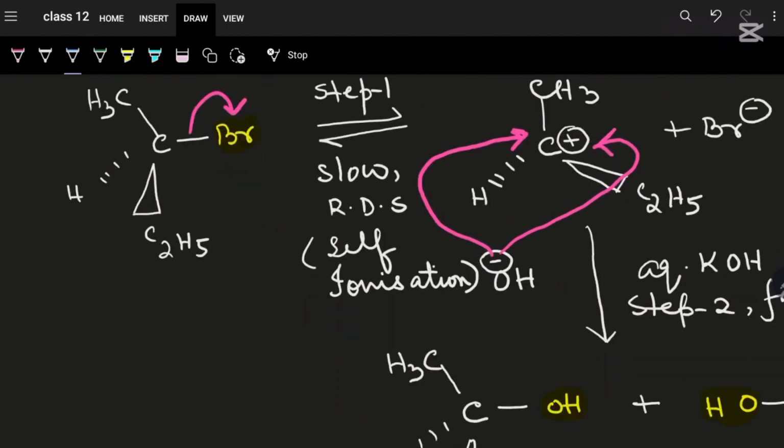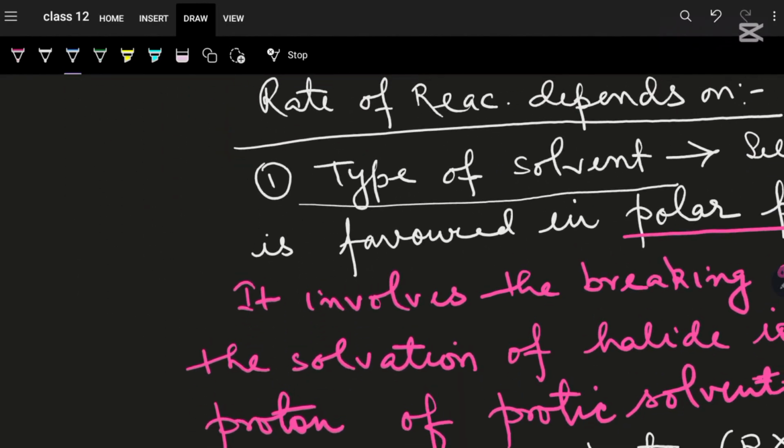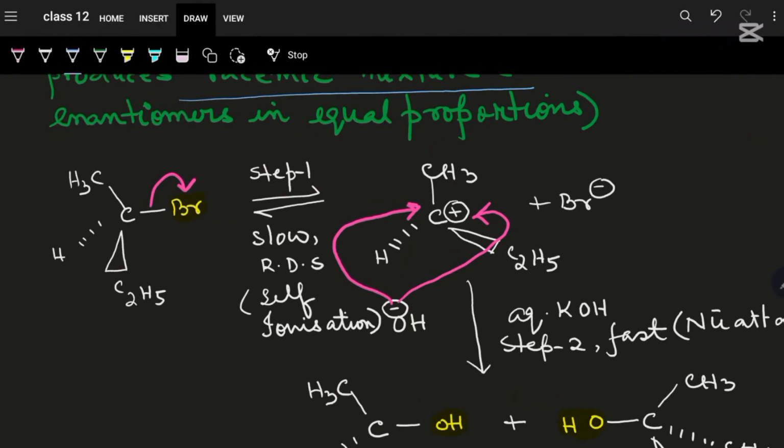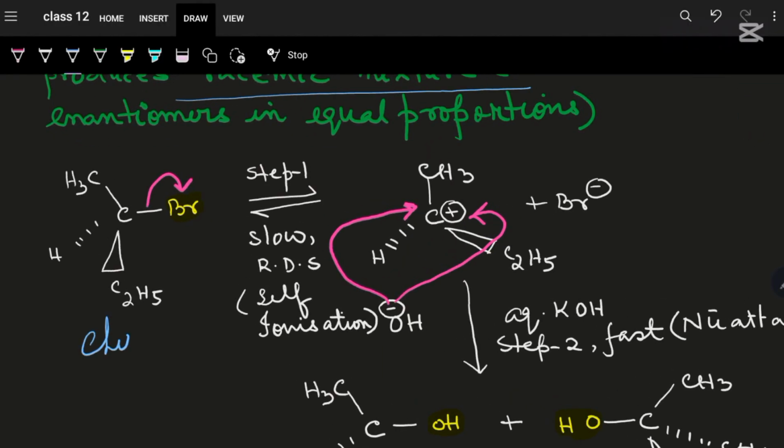Optically active means the substrate needs to be chiral. So let me see that. If I take a chiral substrate, here we are. This is our chiral substrate because this carbon atom is bonded to 4 different groups and hence it is chiral, and the molecule itself is chiral, for which this is considered to be optically active.